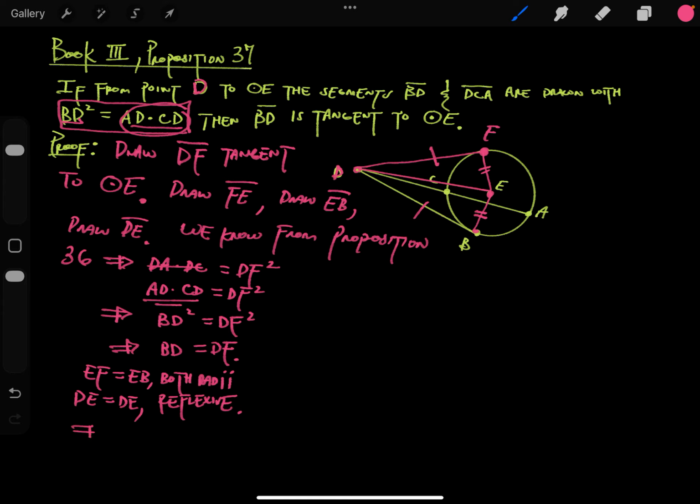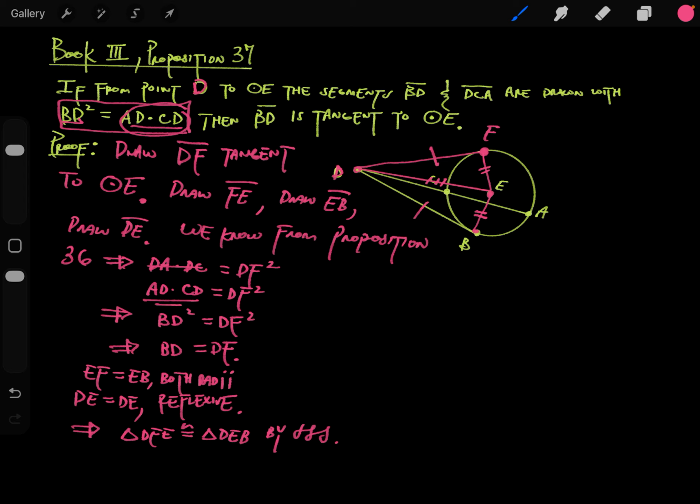And then you have three sides. So triangle DFE is congruent to triangle DEB by side.